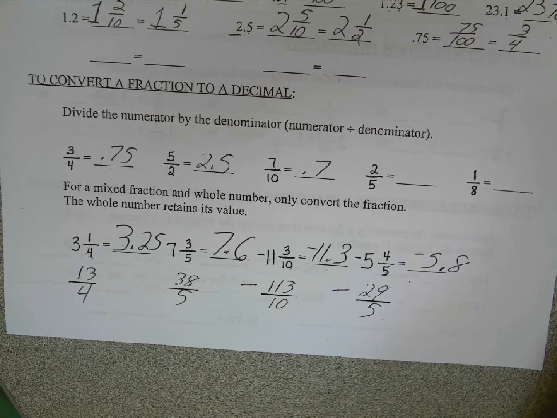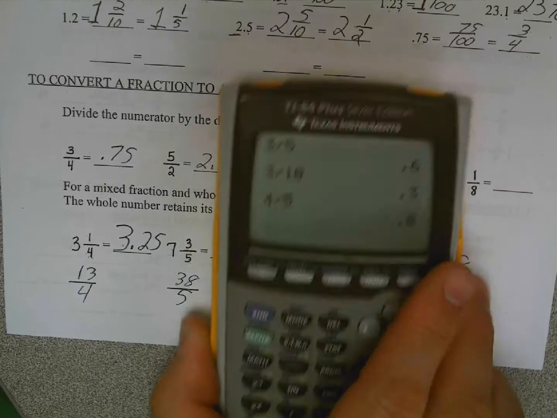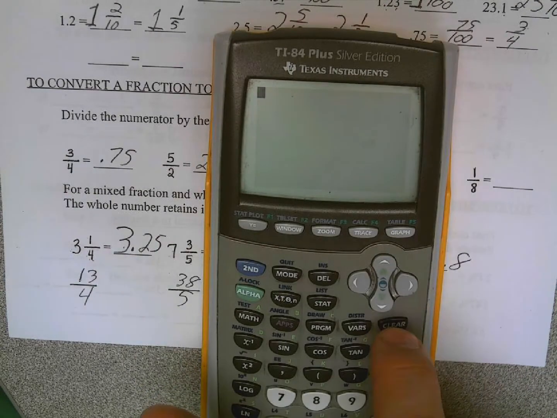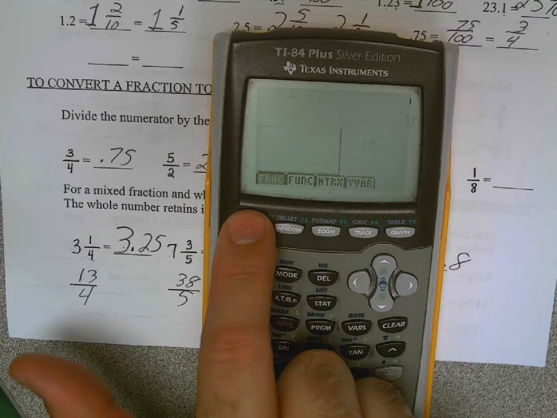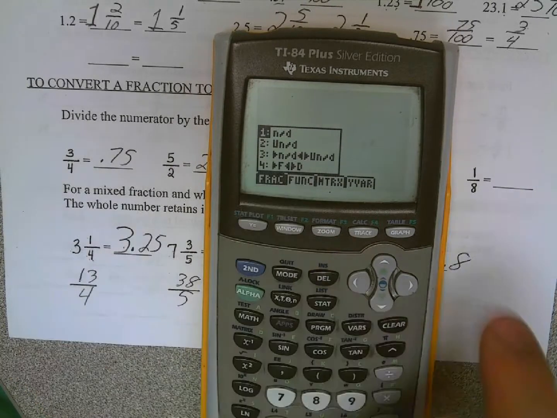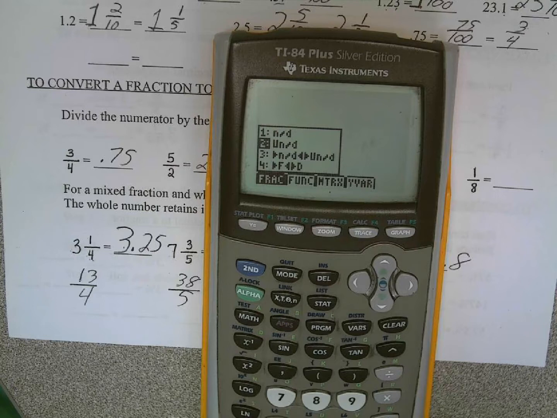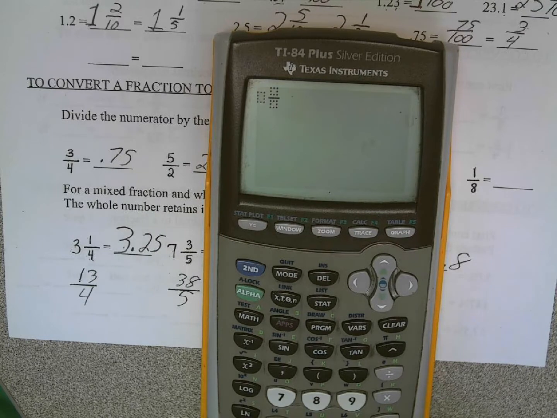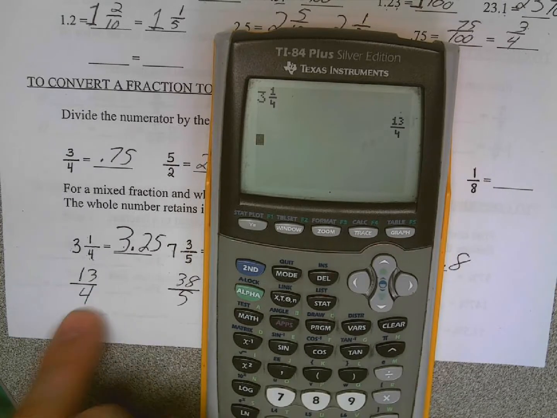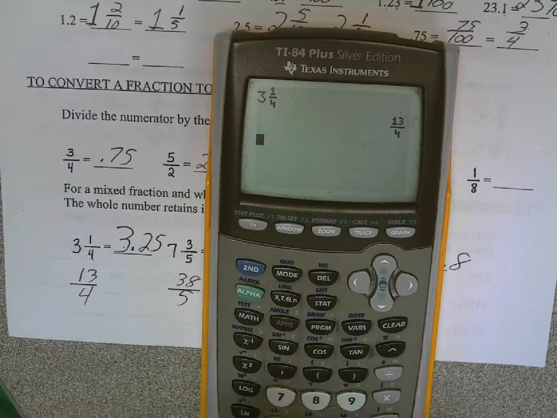Now, if you did not like that, okay? The calculator helps out too. We can go ahead and go to our alpha y equals, and if you look at number 2, we can have our mixed fraction right there. So there we go. We got 3 and 1/4, 13 over 4. Ooh, I like that.